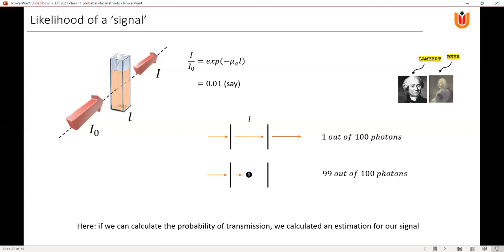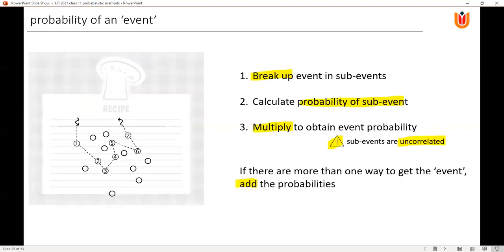So if you can calculate the probability of 1 out of 100 photons being transmitted, that also directly tells us something about the likelihood of the signal, or an estimation of the signal.